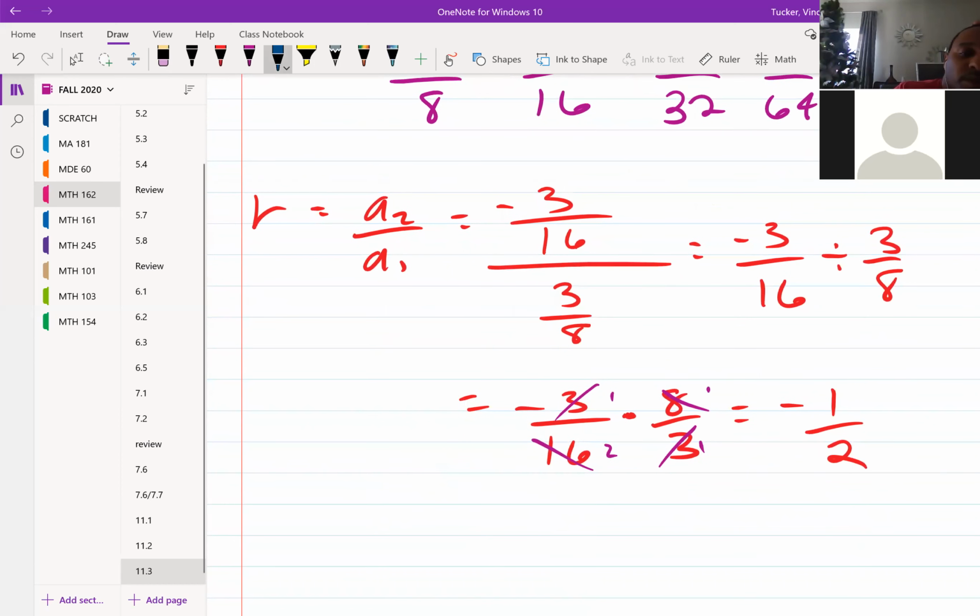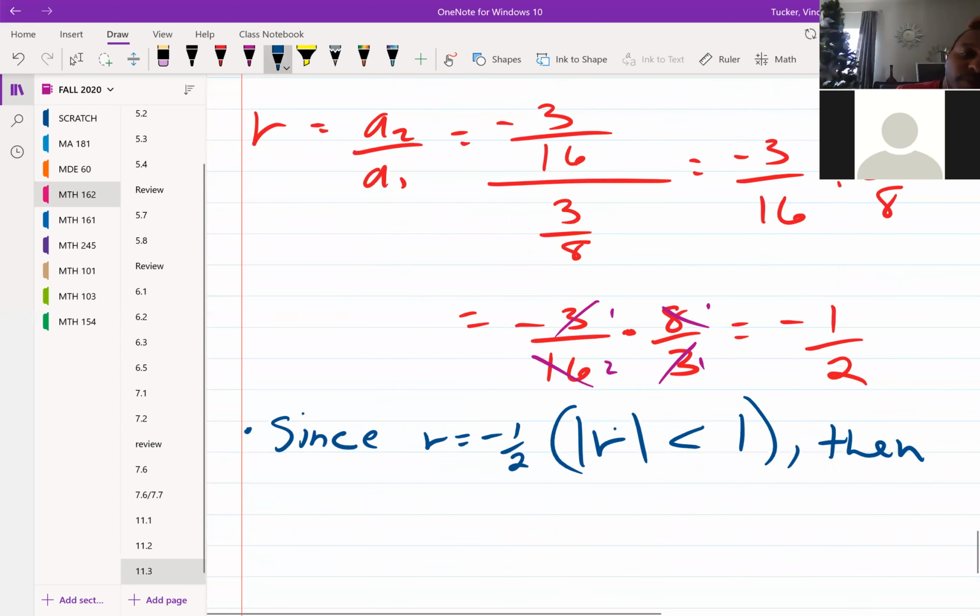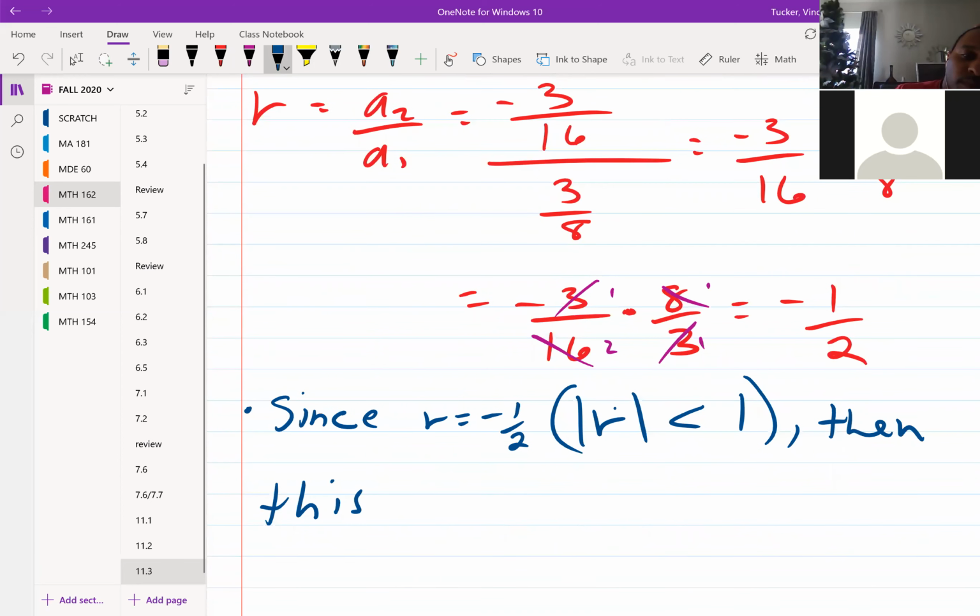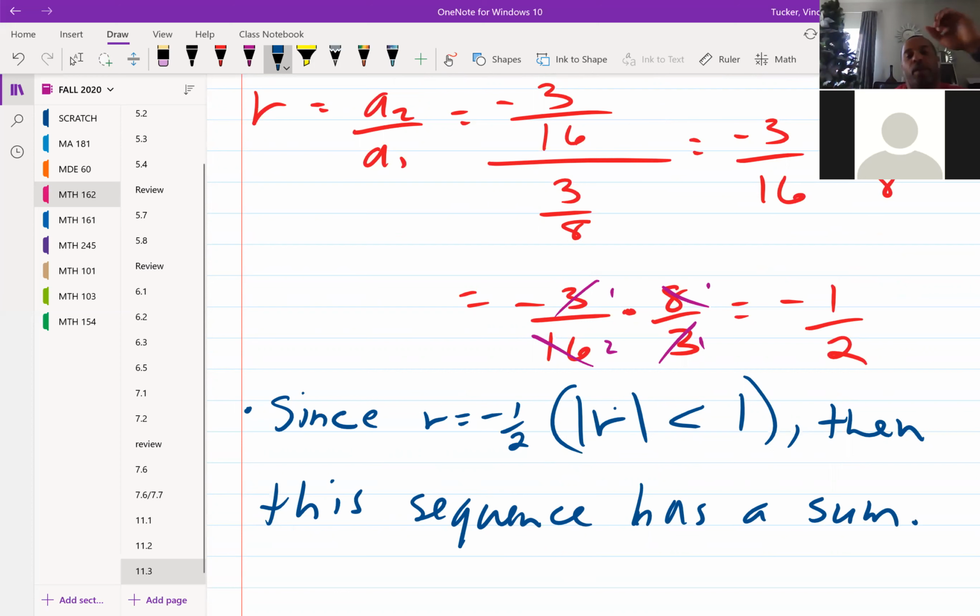All right. So it's the absolute value. Since r is equal to negative 1/2, the absolute value of it is less than 1, so this series has a sum.